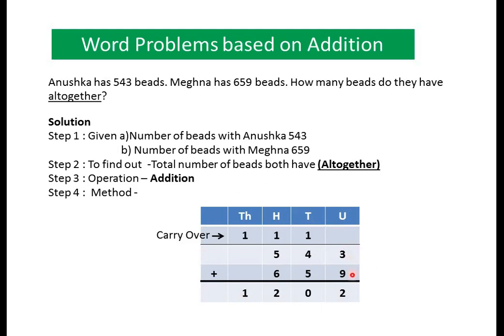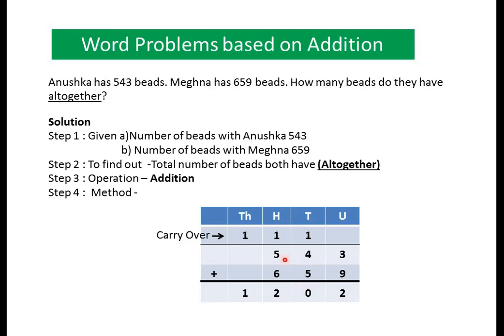3 plus 9 is equal to 12. So write 2 in units place and carry 1 to tens place. Now add the digits in tens place. 4 plus 5 plus carried 1 is equal to 10. So write 0 in tens place and carry 1 to hundreds place.